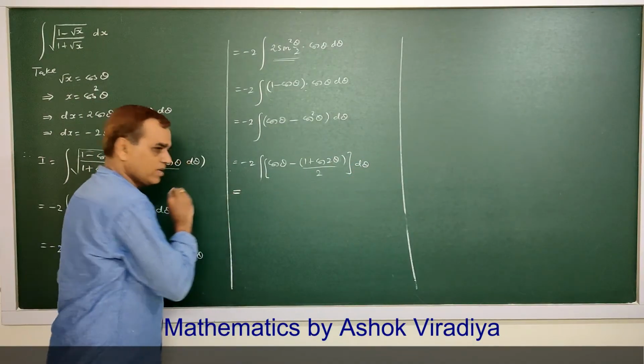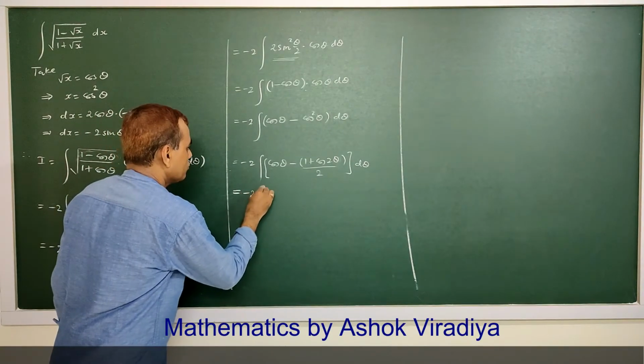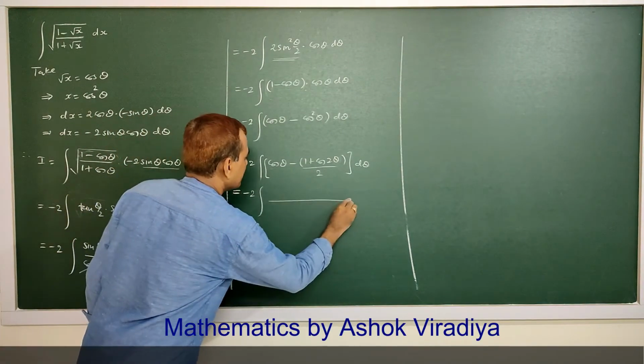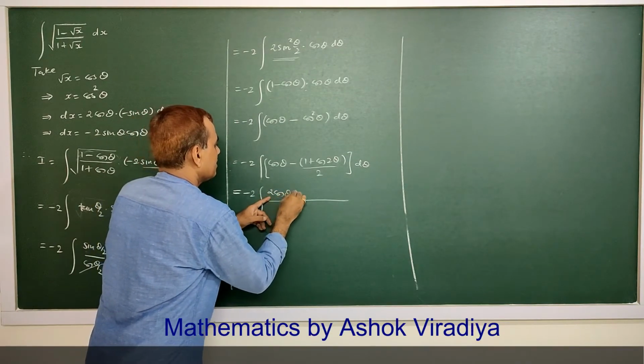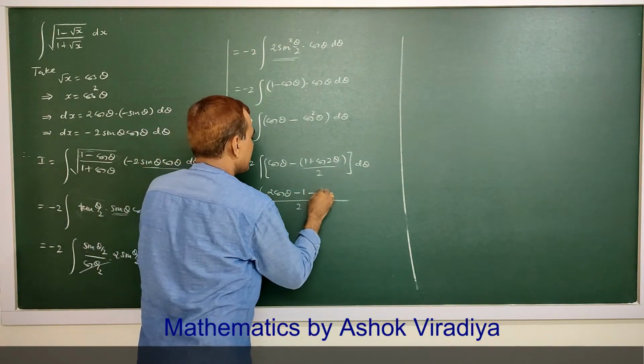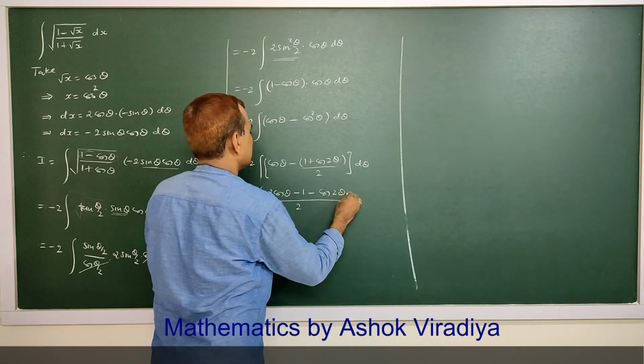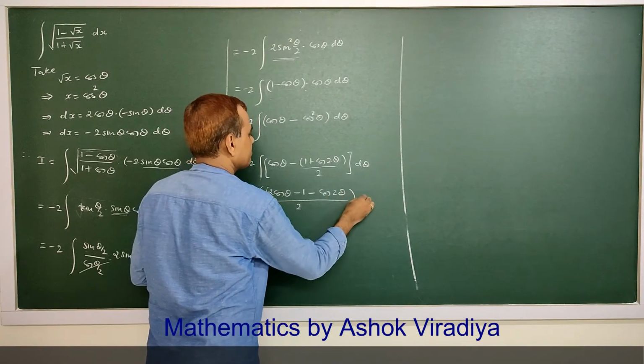So it is equal to minus 2, taking LCM 2, 2 cos theta minus 1 minus cos 2 theta d theta.